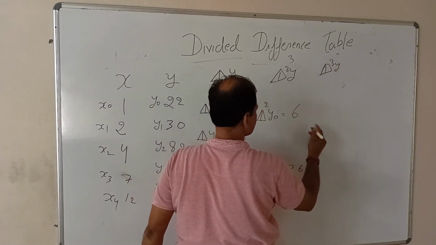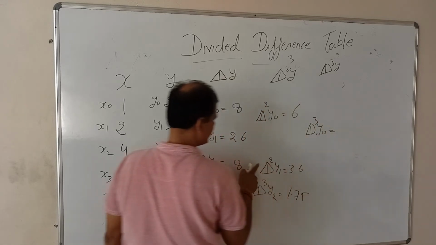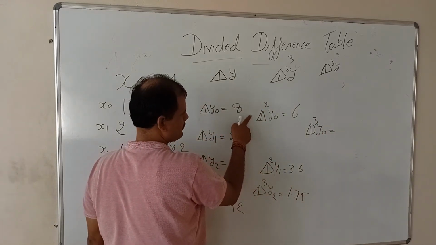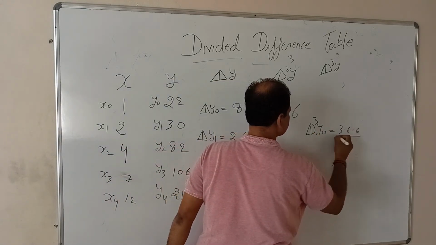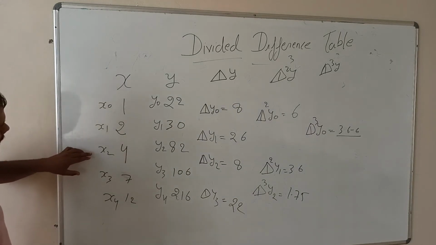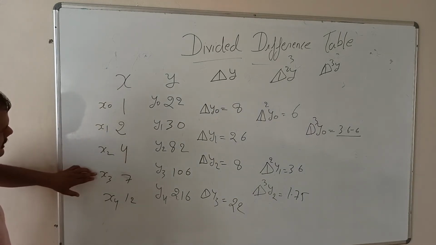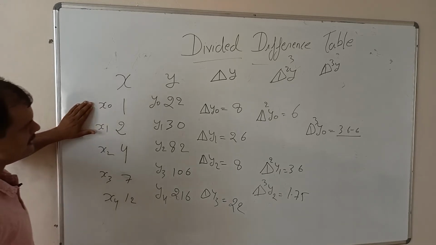Delta cube y0 means delta square y1 minus delta square y0. So minus 3.6 minus 6 divided by x3 minus x0. Why x3?